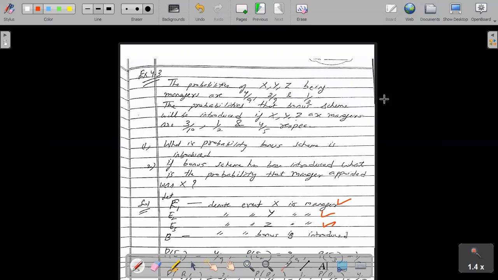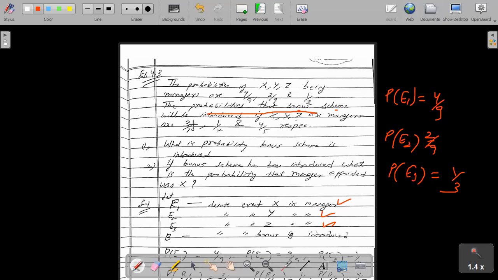So probability of E1 is 4/9, probability of E2 is 2/9 and probability of E3 is 1/3.